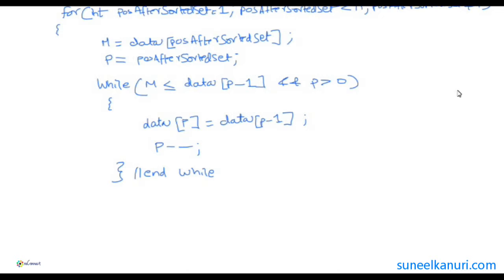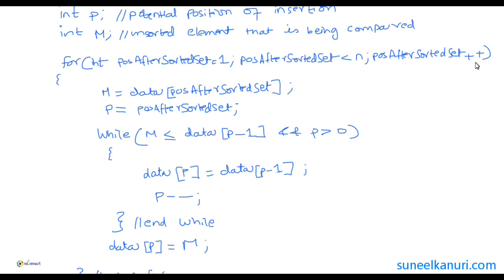So that will lead us to m being inserted at the position that is being pointed to by p. So that's what we're writing, data of p is equal to m. The position which is being pointed to by p is where we're going to insert m.